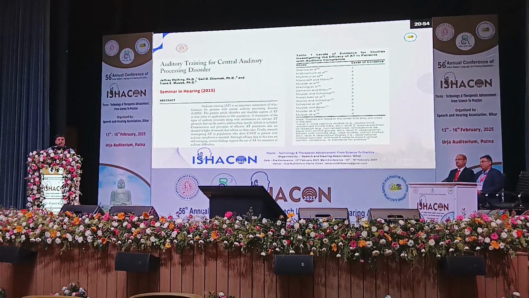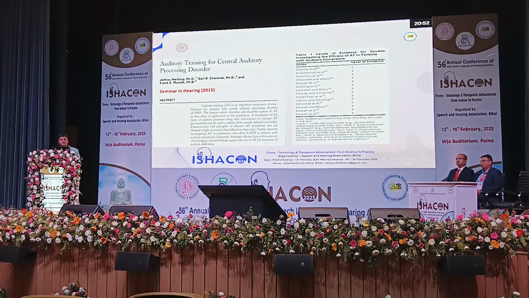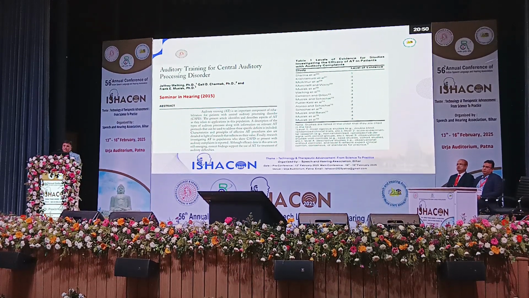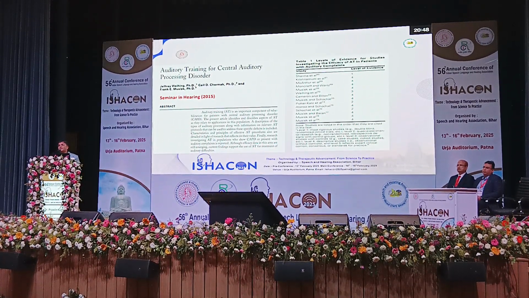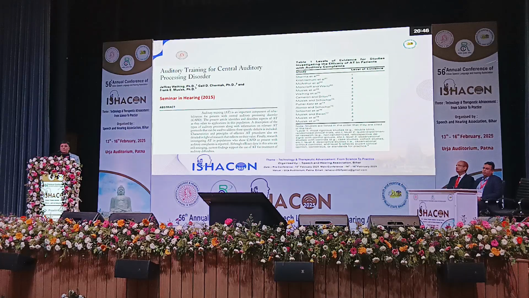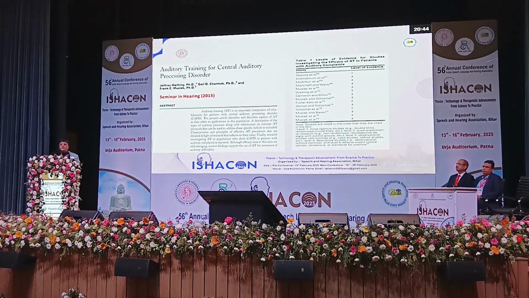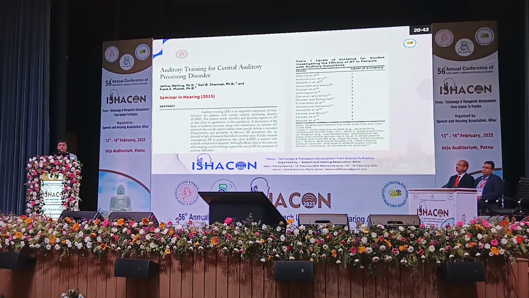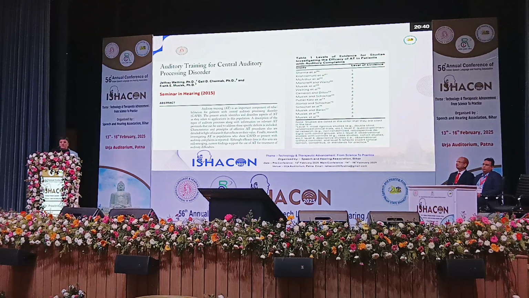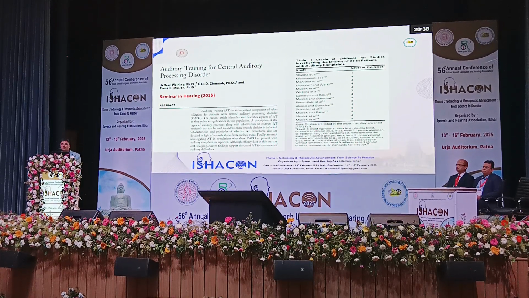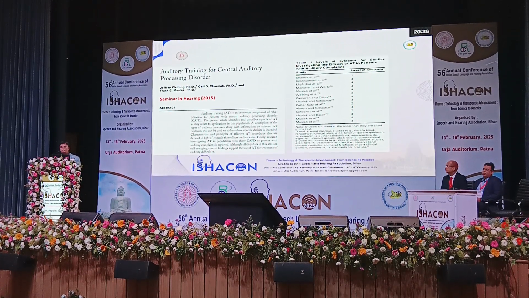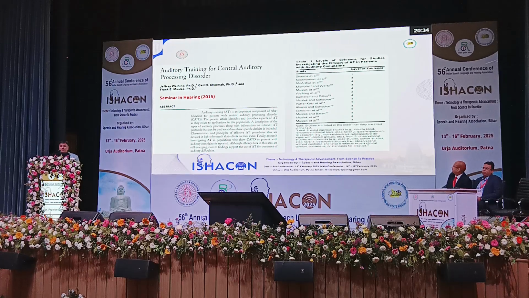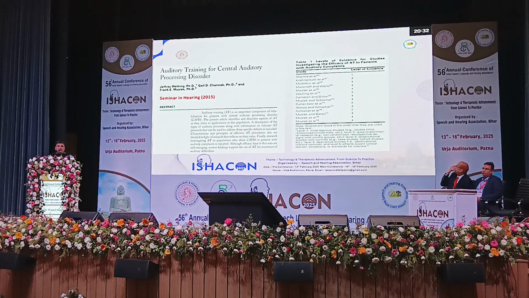This is another article I could come across, published in Seminars in Hearing in 2015, where they looked at the level of evidence for studies investigating the efficacy of auditory training in patients with auditory complaints. On the right hand side, you can see a series of articles published before 2015.